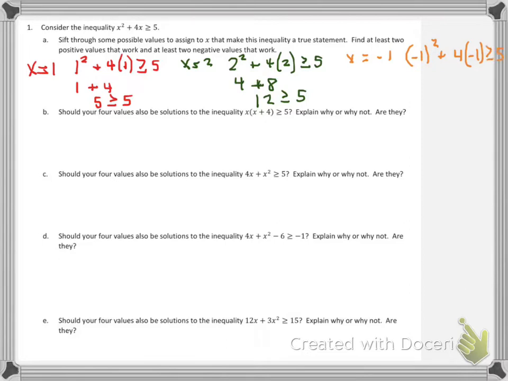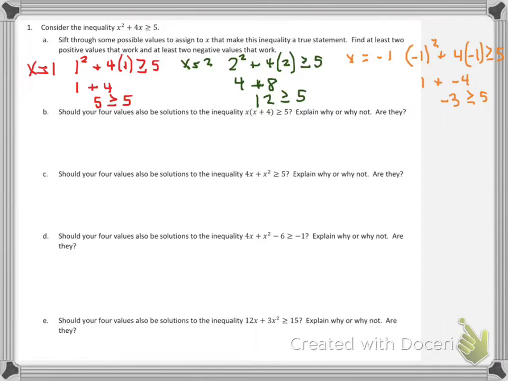And let's see what we get. Well, negative 1 times negative 1 is 1. Plus a 4 times a negative 1 is a negative 4. And 1 and a negative 4 put together is a negative 3. Is negative 3 greater than or equal to 5? No, it is not. So that one's not good. It doesn't make this statement true. So negative 1 is not a solution, and I'm going to need to keep looking.